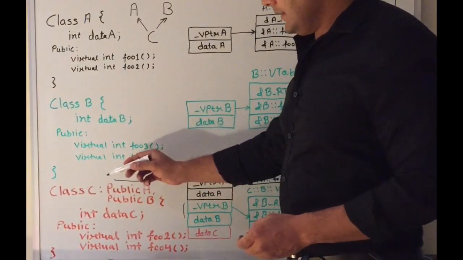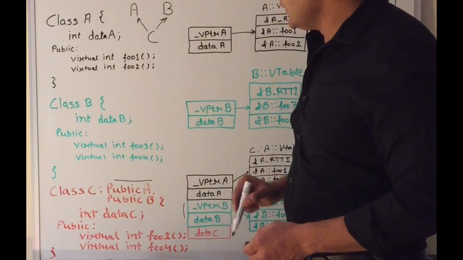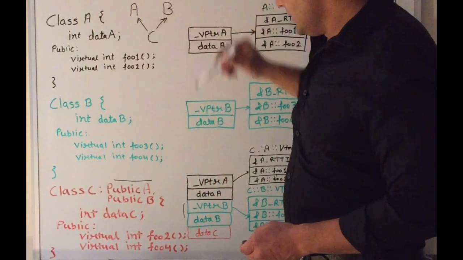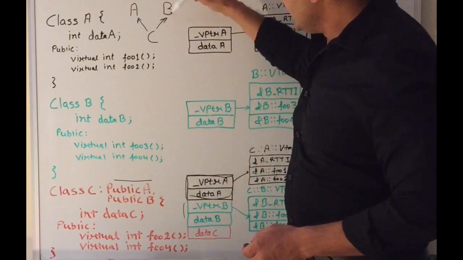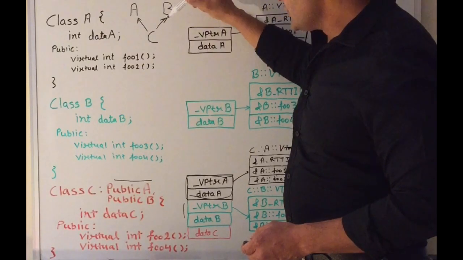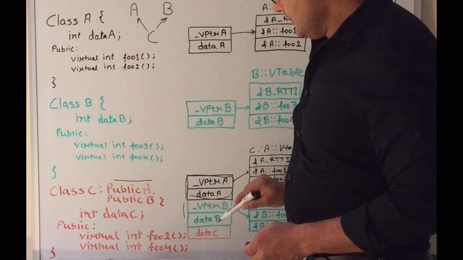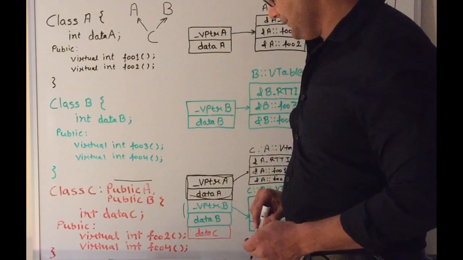In order to create an object of class C which is derived from class A and B, we inherit the memory model of class A into our memory of class C. Then we inherit the memory model of class B into C's memory. Then we put other data members of class C.